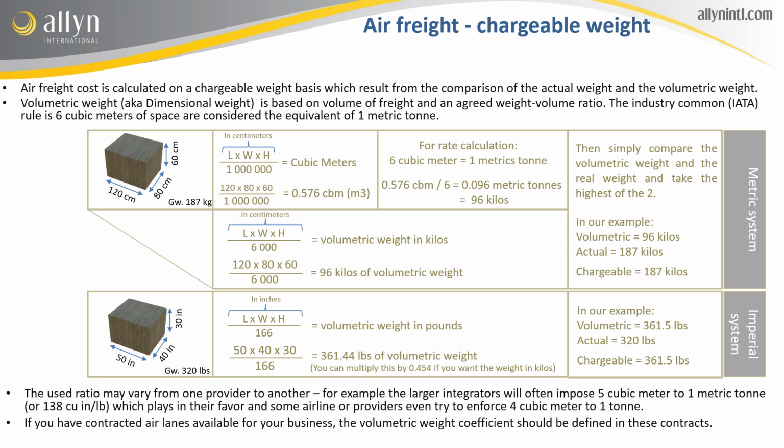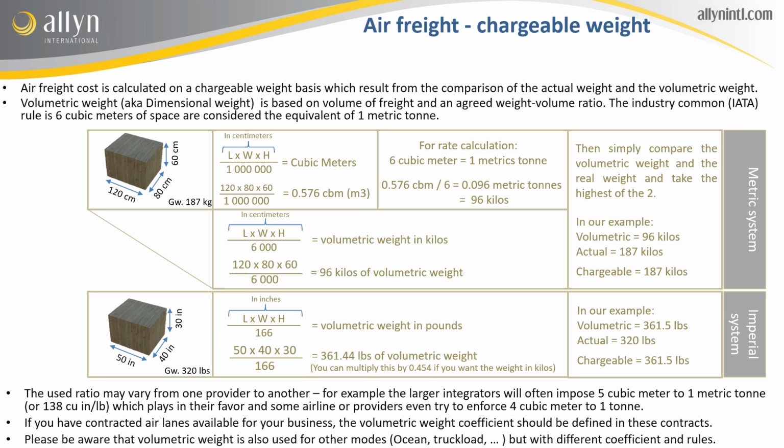Typically, you will get a door-to-door rate in dollars per kilo, and this kilo will refer back to the chargeable kilos. Finally, please be aware that volumetric weight is also used for other modes, ocean, truckload, but with different coefficients and rules.